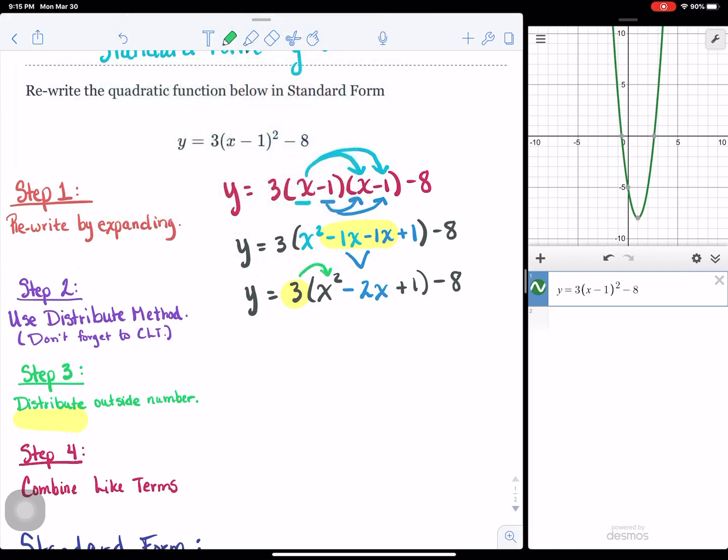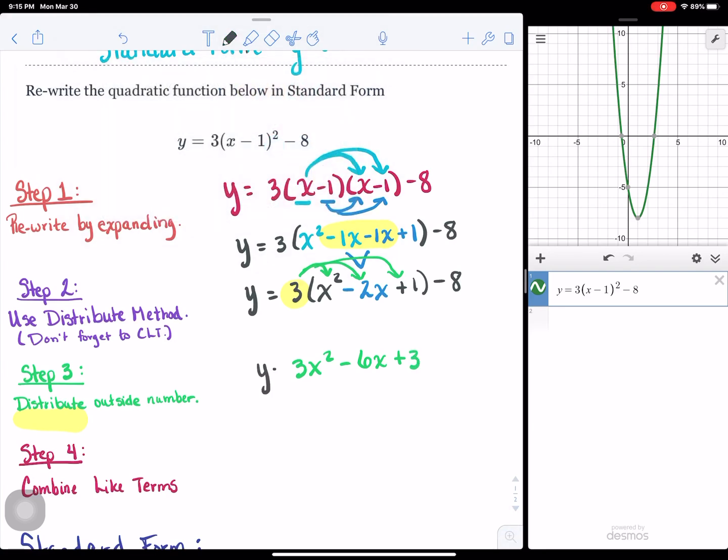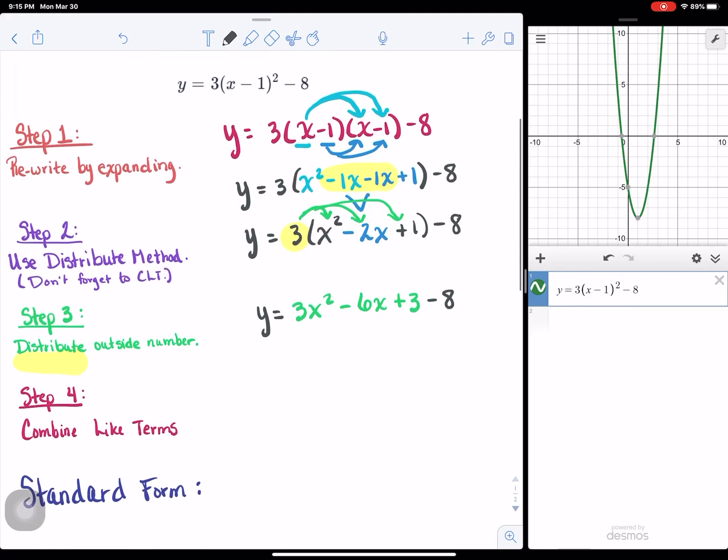So 3 times x squared gives me 3x squared. 3 times negative 2x gives me a negative 6x. 3 times a positive 1 gives me a positive 3. And I will bring the rest of it down. Do not forget to bring that minus 8. We're almost done. So we're done with step number 3.